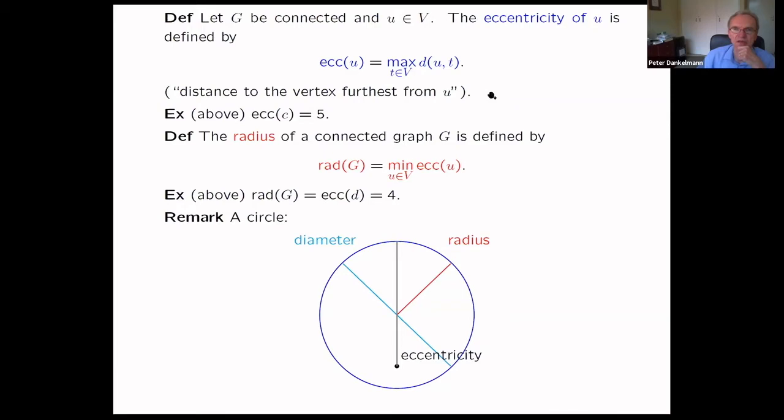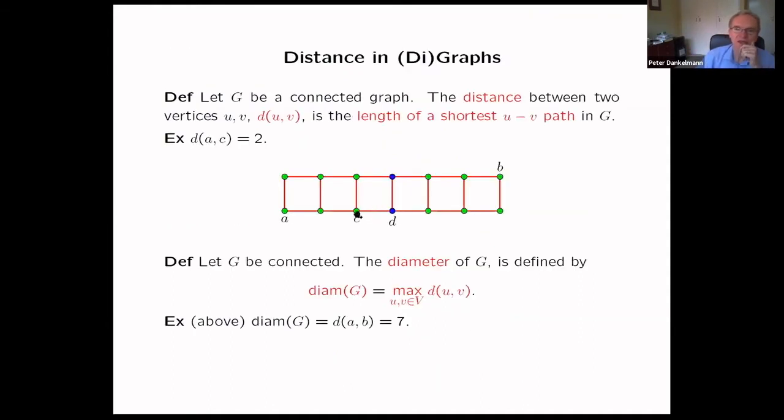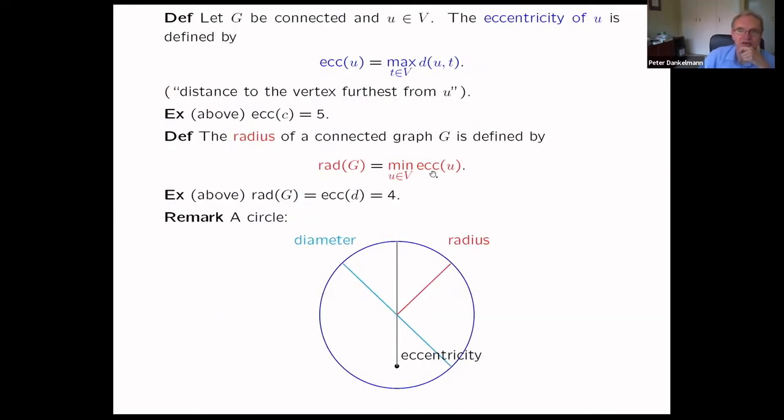So in a way, the eccentricity tells us how far do we have to walk from this vertex U to any other vertex in the worst case. So if we go back, vertex C here, in this case, has an eccentricity of 5, because as it so happens, vertex B is at distance 5 from C, but all other vertices are at distance less or equal 5. That's why the eccentricity of that vertex is 5.